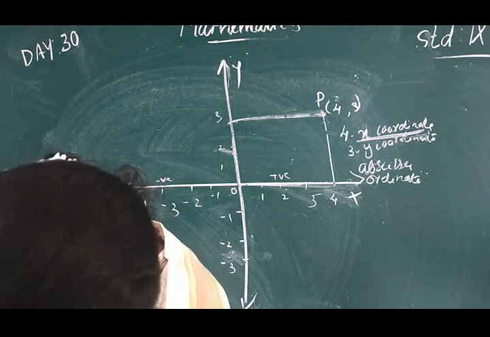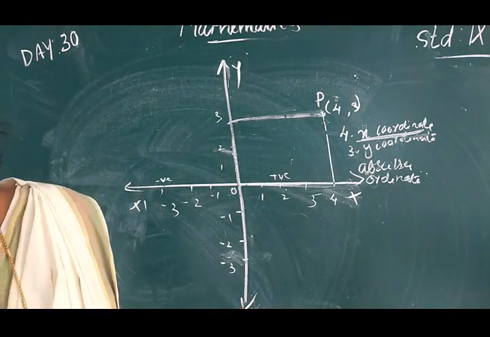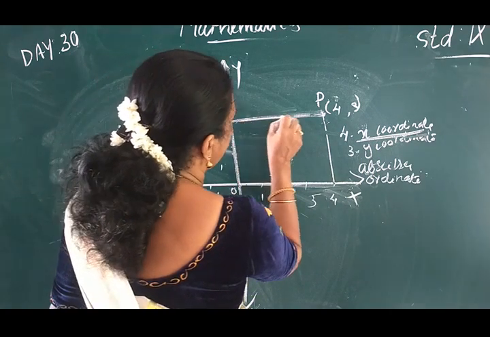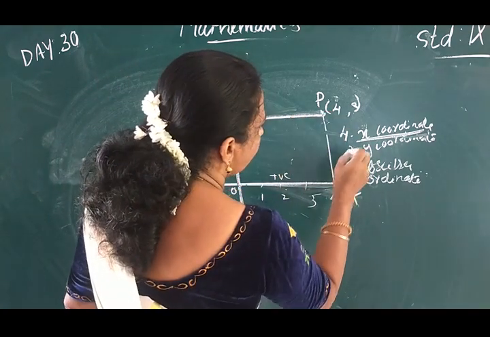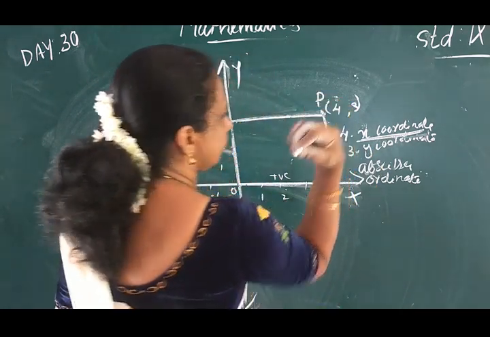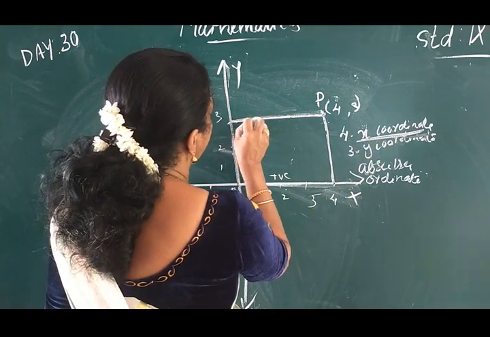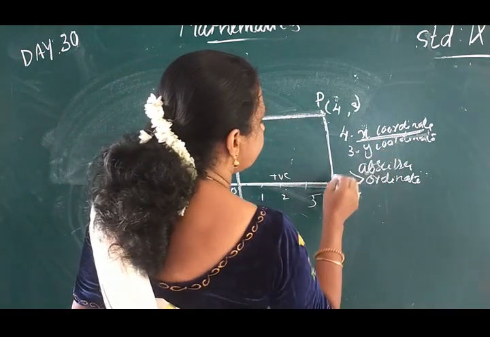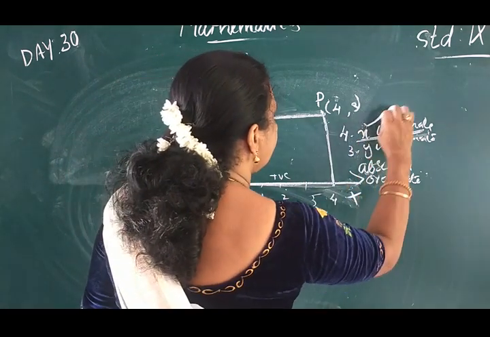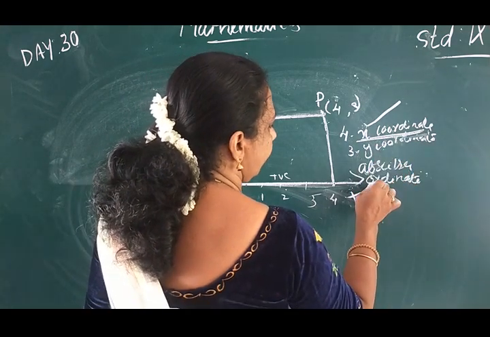The x coordinate is the perpendicular distance from the y-axis, and the y coordinate is the perpendicular distance from the x-axis. The x coordinate is named abscissa, and the y coordinate is named ordinate.